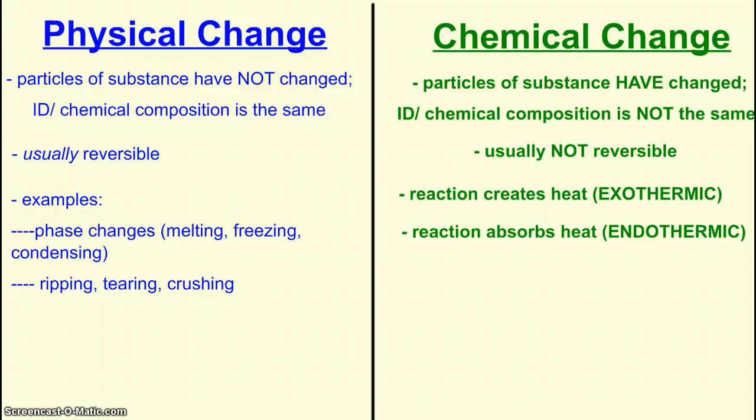Reactions that absorb heat create cold. If you think of those ice packs, if somebody gets a bump on the head and you get that little package from the nurse, and you break up that package, or you crush whatever's inside and it starts getting cold, and you put that on your bump, that is an endothermic reaction. It's creating cold. It's absorbing the heat.